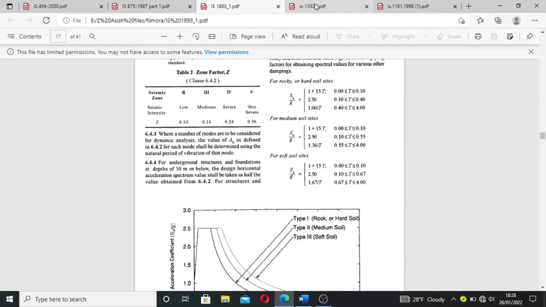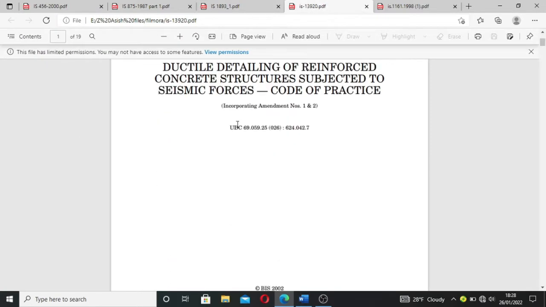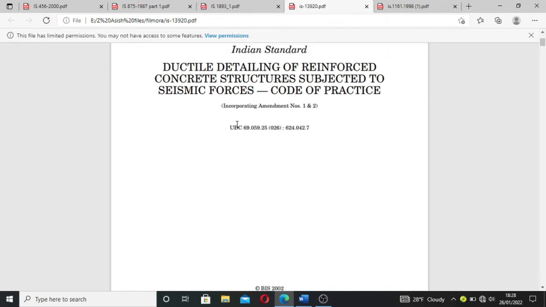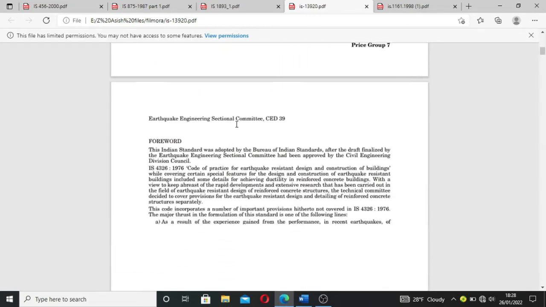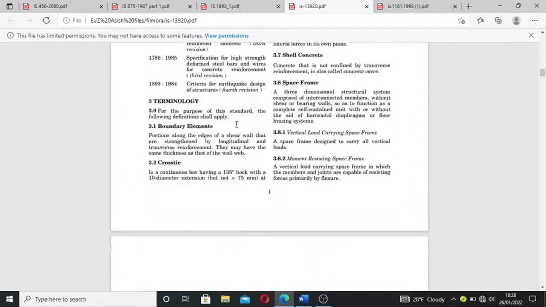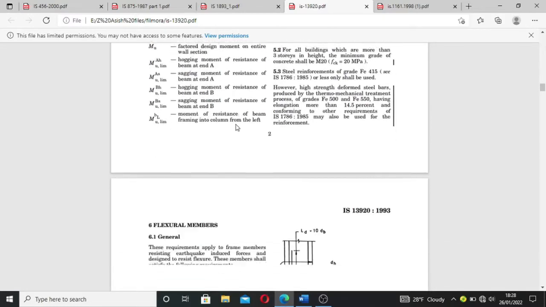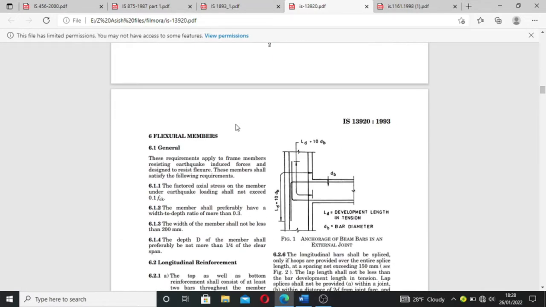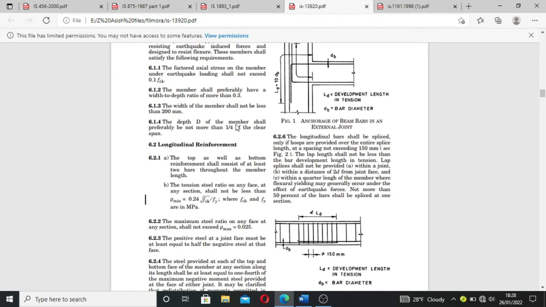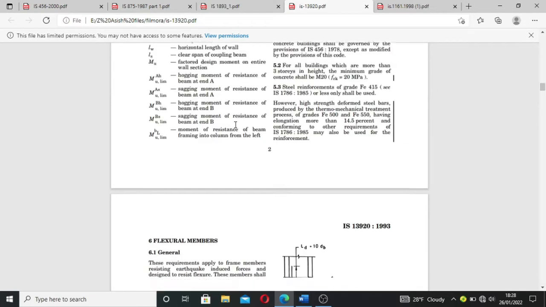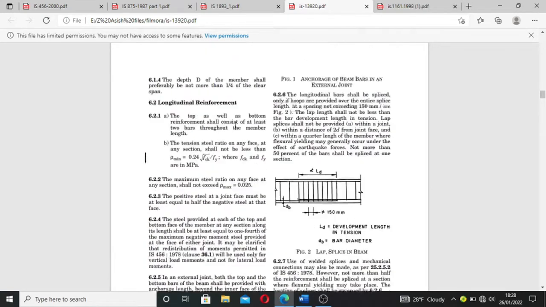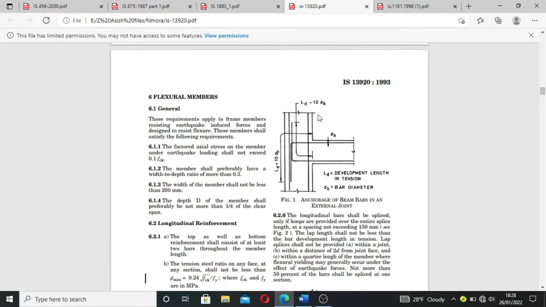After completing the design and analysis of your structure in STAAD.Pro or ETABS, during final drafting you need to know the basic things you should consider, because your structure will be designed as per seismic requirements, so you should know the detailing of your structure. For that purpose you need to know this one.